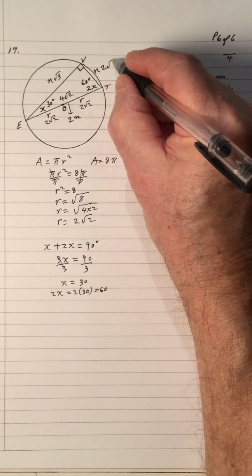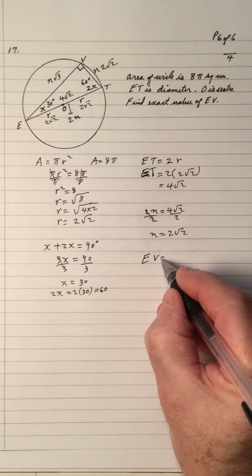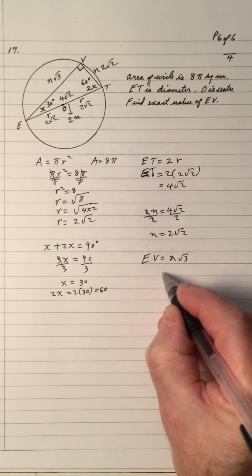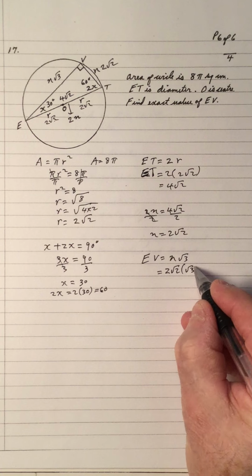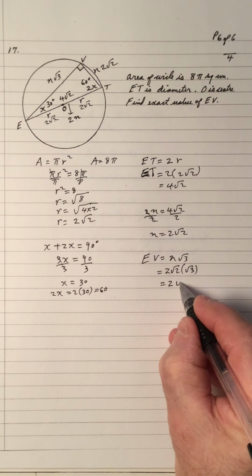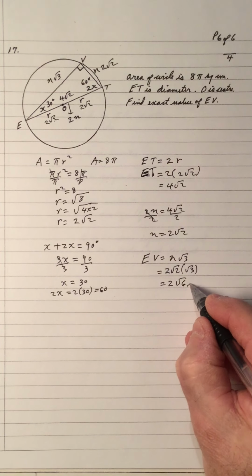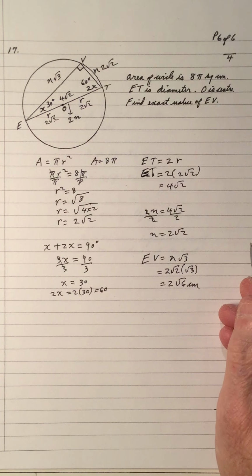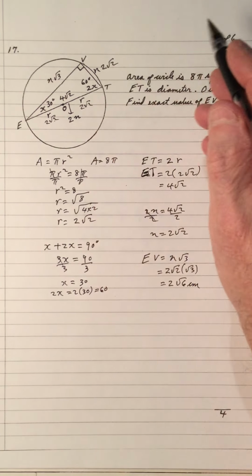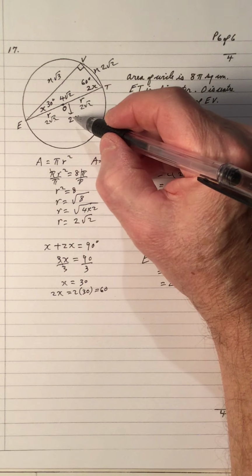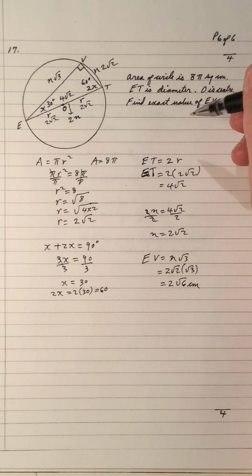So this side is 2 root 2. And EV is n root 3, but n is 2 root 2 times root 3. So that's 2 root 6. And again, it's in centimeters. Nice little problem. We had to work out the angles to get the 30, 60, 90, to get the n, 2n, and n root 3. You had to get the length of this, so it's a really good problem.